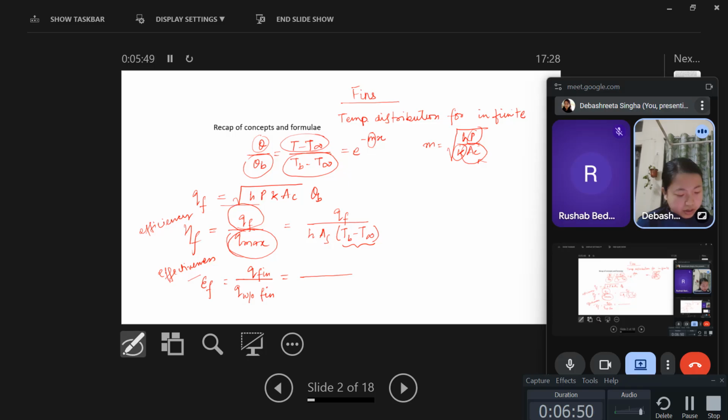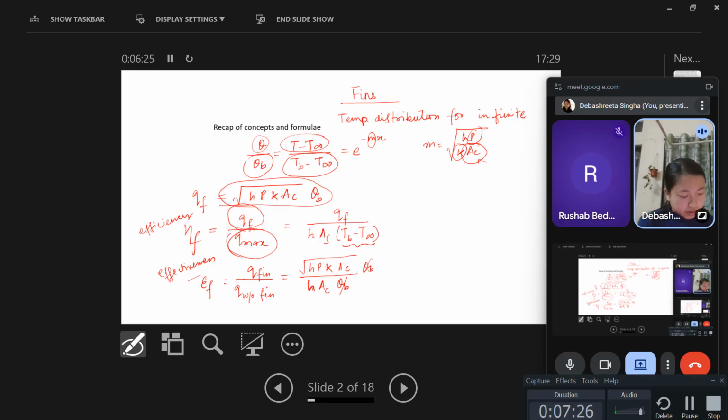So this is Q with fin, and this is the formula for Q without fin.